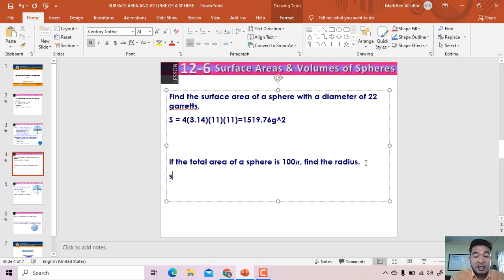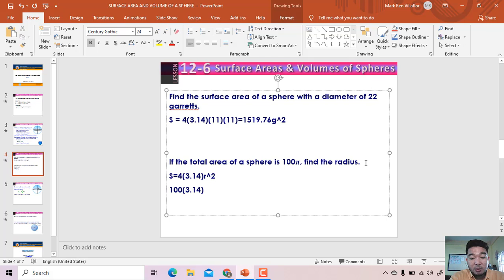So we write the formula: surface area is equal to 4 pi r squared, that's 3.14, times r. So r is what we are looking for, so that's r squared. And then we substitute the values that we have. Surface area is equal to 100 times 3.14 is equal to the right side of the equation.